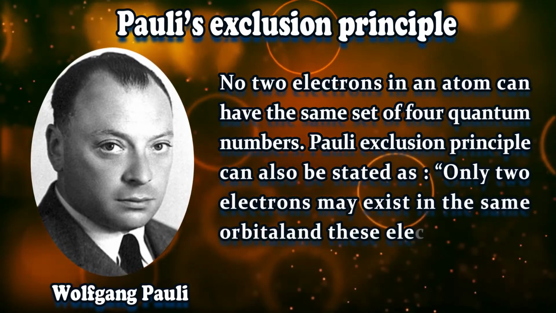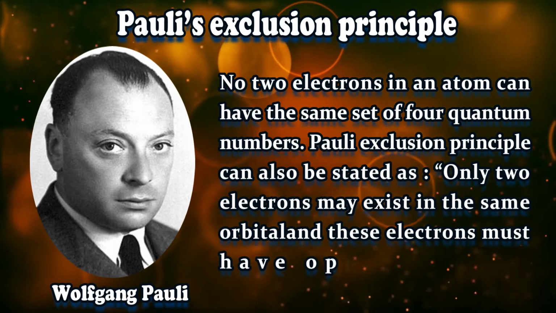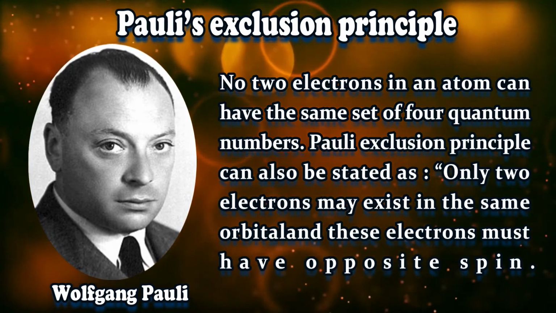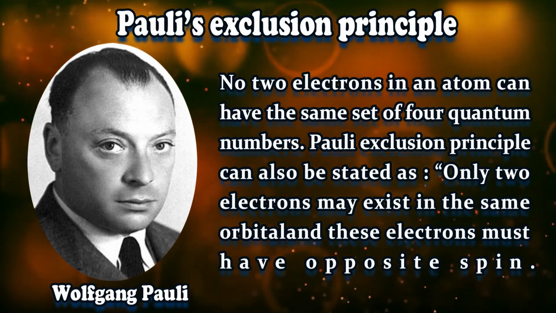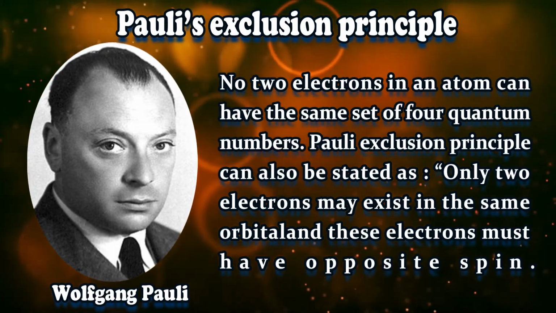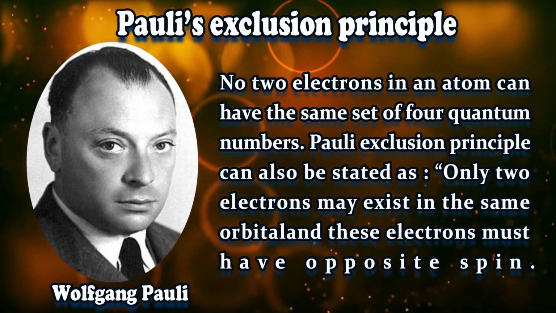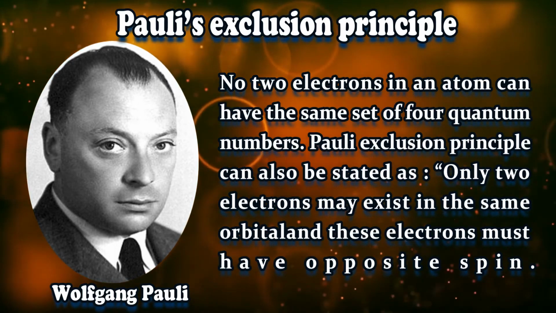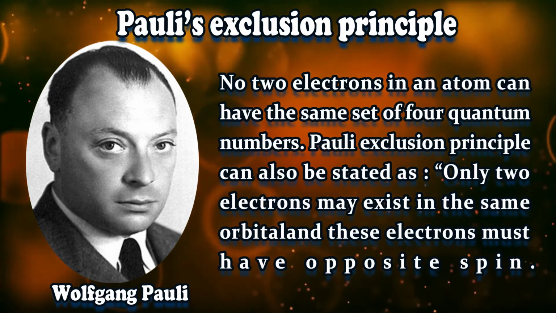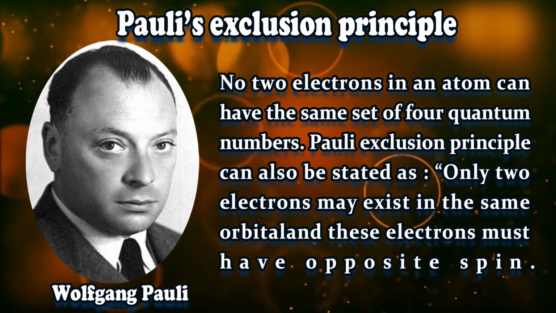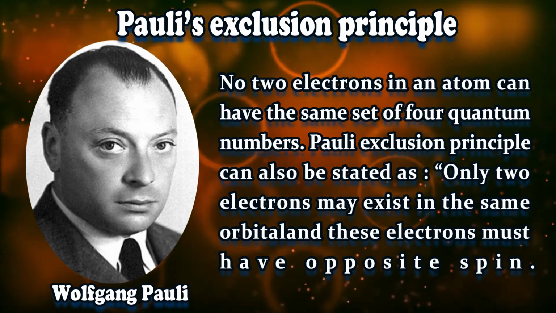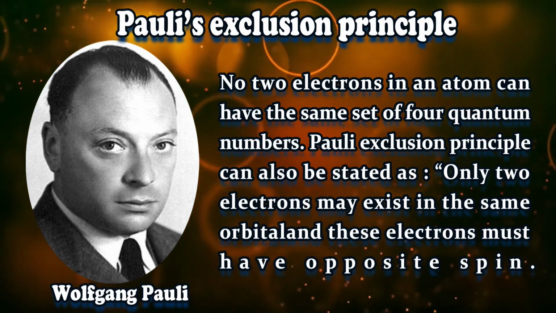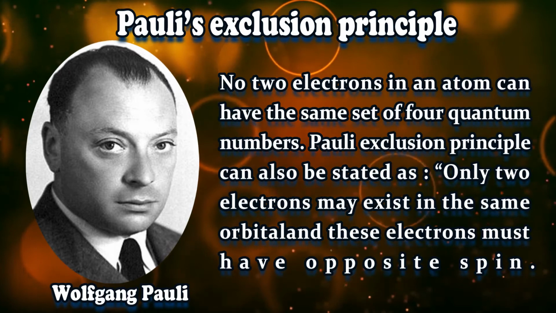Now how can we explain this Pauli exclusion principle? It's very simple. Let us take an example. Suppose we are taking the 2px orbital, right? Now how many electrons can this 2px orbital contain? According to the Bohr-Bury scheme, it can have a maximum of 2 electrons, right? Now for these 2 electrons present in the 2px orbital, if we try to assign their quantum numbers accordingly, what are we going to get?